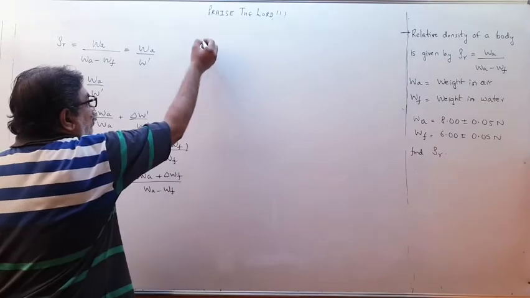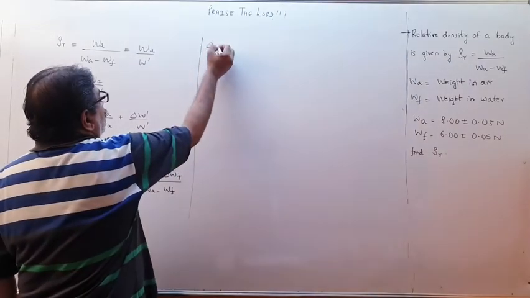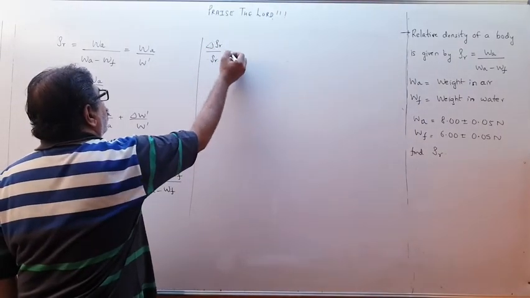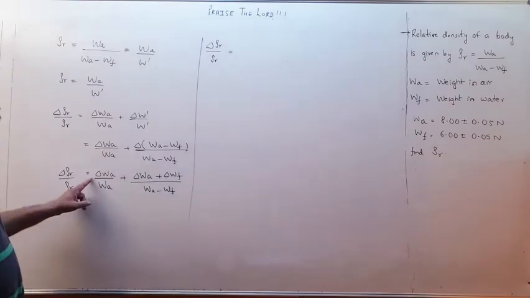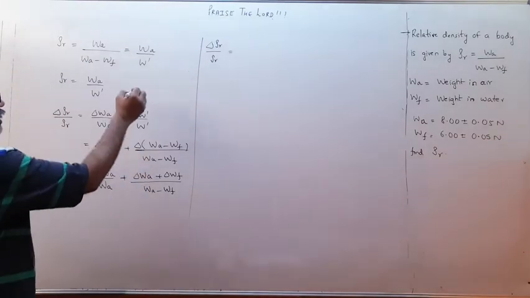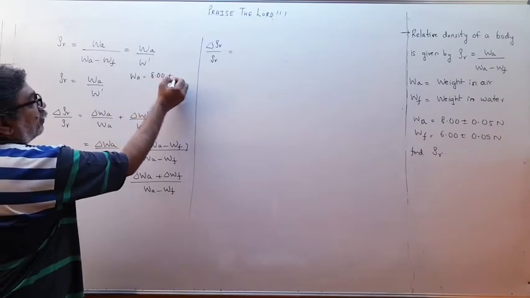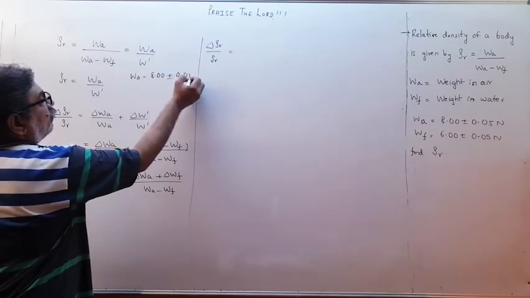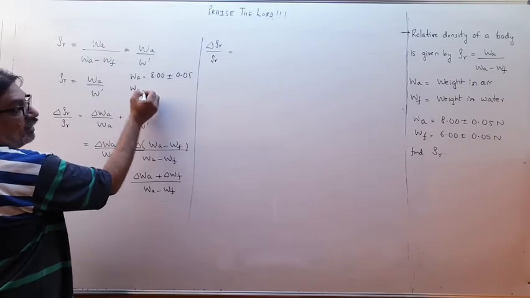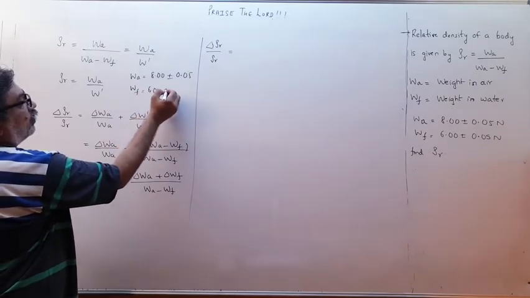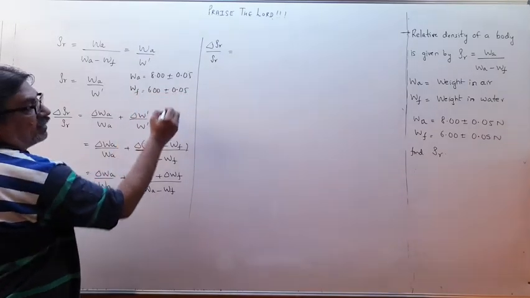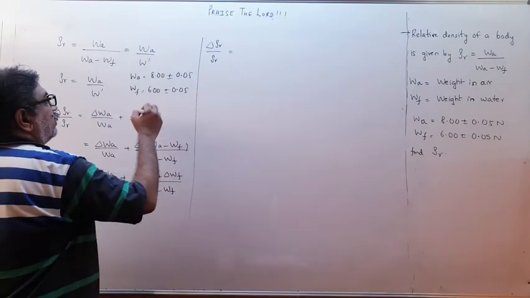Now let us get the values. Delta rho r upon rho r will be equal to, let us put in the values. We have been given that WA is 8.00 plus minus 0.05 and WF is given to us as 6.00 plus minus 0.05. The error is the same at both places.